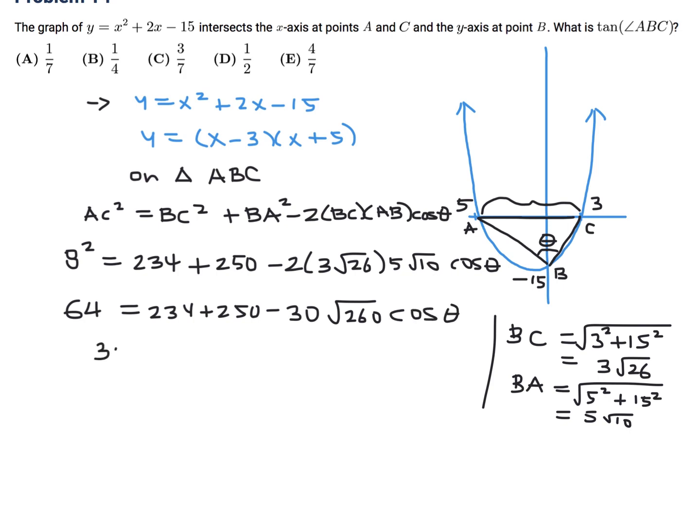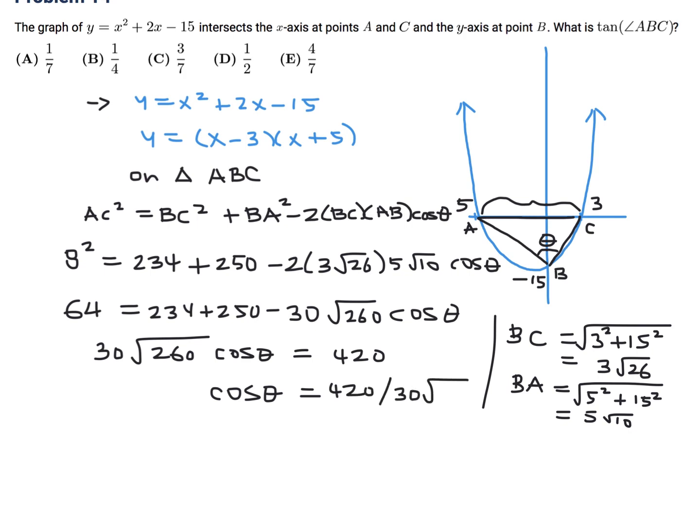So put everything on one side, 30 root 260 cos theta is 420, I believe. So cos theta is equal to 420 over 30 root 260, and I think that is 14 over 2 root 65, so that's 7 over root 65.